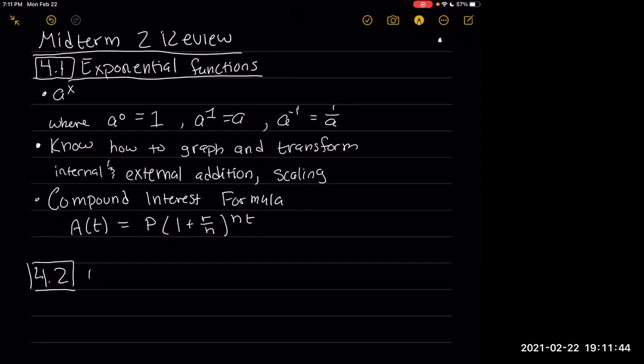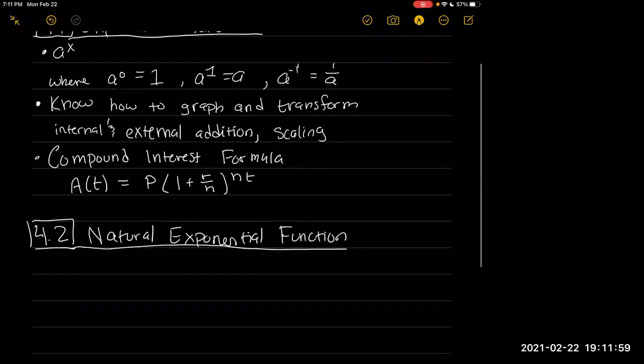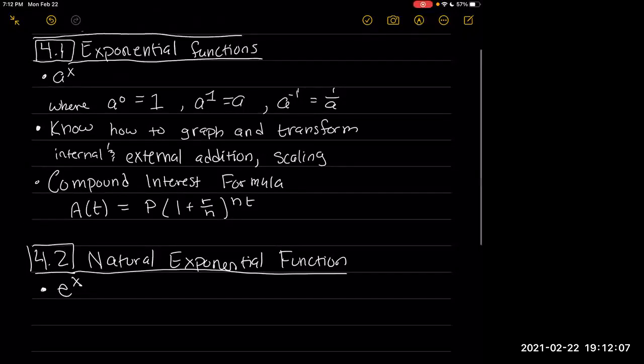And this was on the natural exponential function. This was with the letter e, e to the x, and it was basically the same as everything in section 4.1, except we're using this constructed number e.